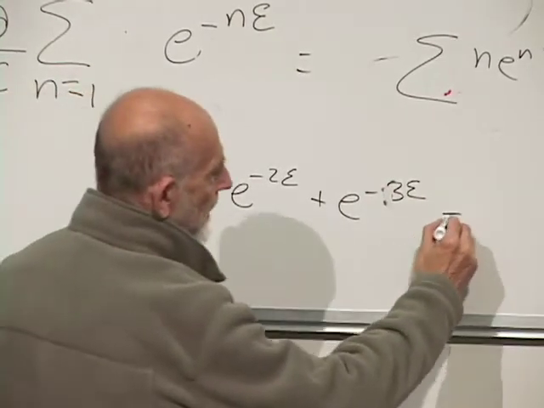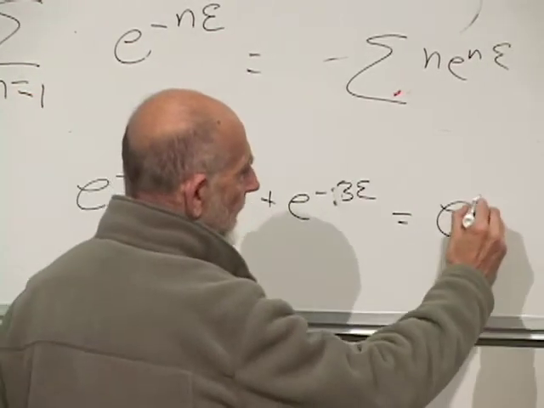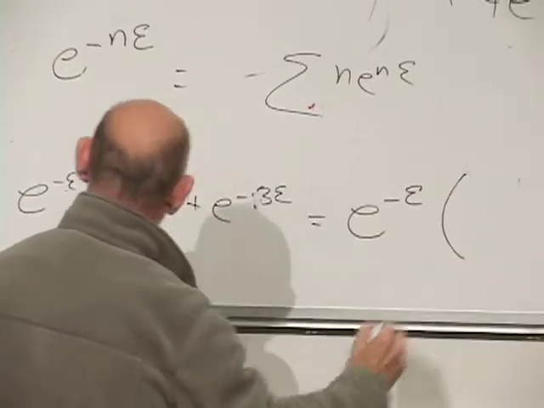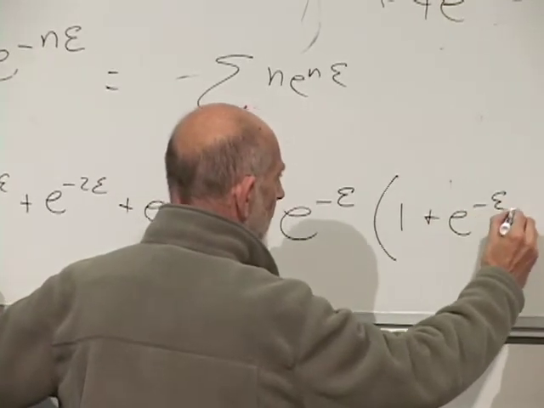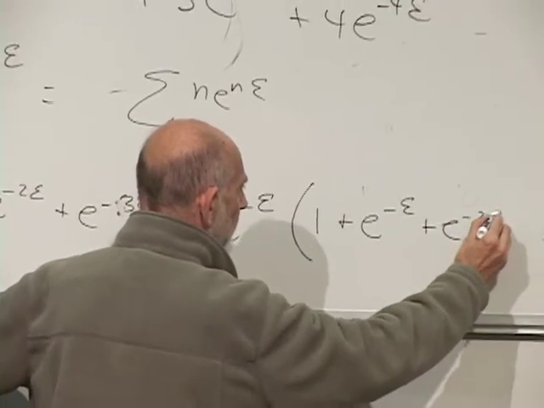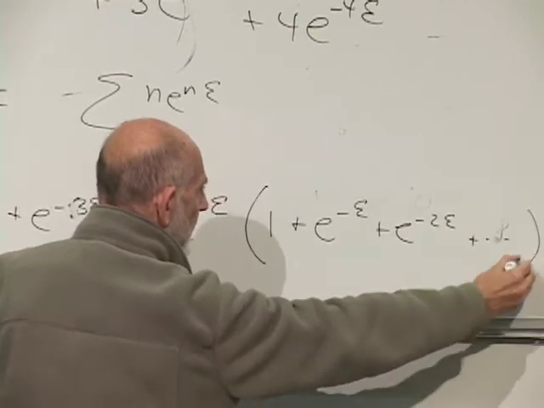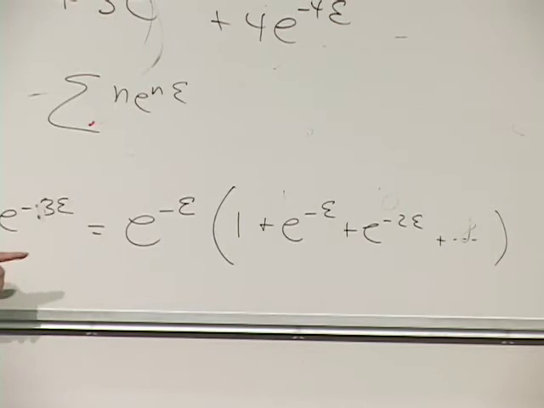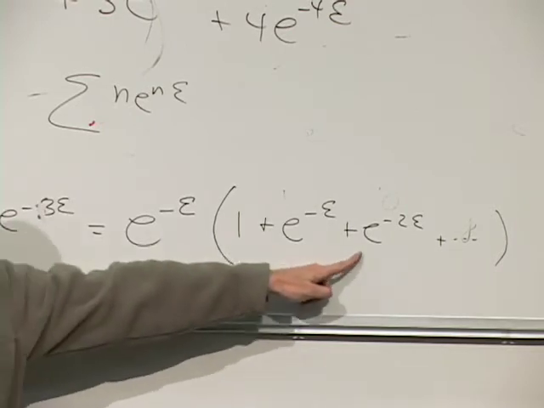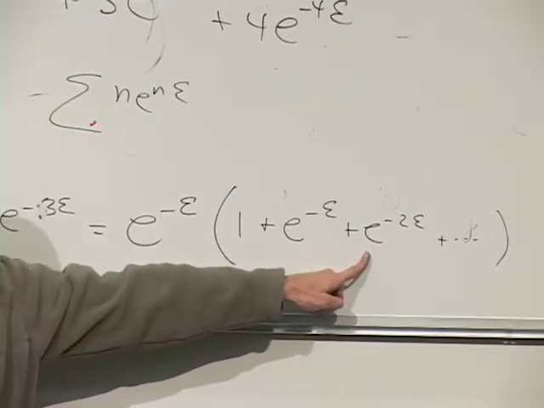Which also can be written in another form. It's e to the minus epsilon times 1 plus e to the minus epsilon plus e to the minus 2 epsilon, and so forth. I pulled out a factor of e to the minus epsilon. Do you know what this is? Exactly.